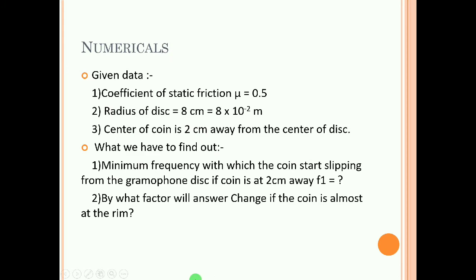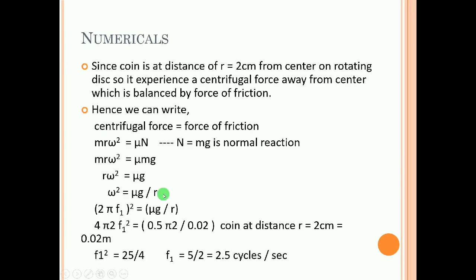So we are getting g value as pi square, and r as it is 2 centimeter, which is 2 into 10 raised to minus 2 meter, that is 0.02. If we solve for f1 square, pi square and pi square cancel, you shift this 4 here and divide, so f1 square will be 25 divided by 4.